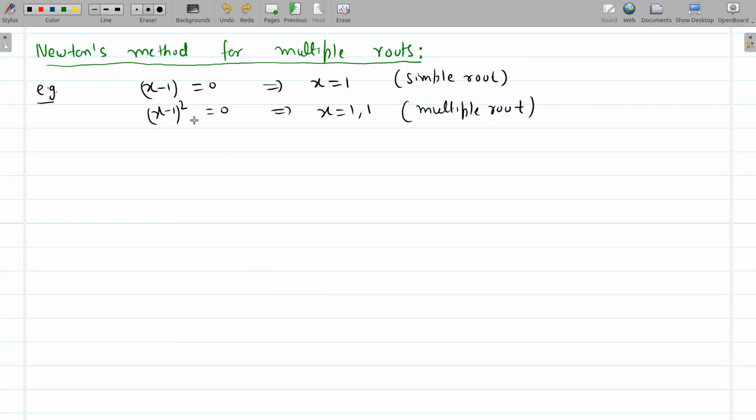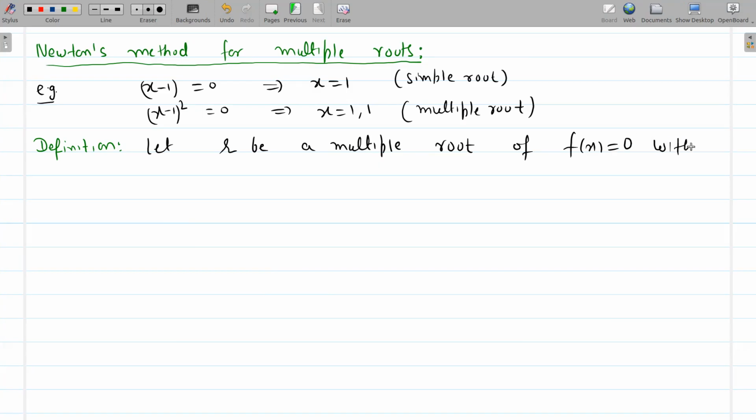And a more broad definition of multiple root is this that I am going to write here. So this is the definition of multiple root, you can say. Let r be a multiple root of f(x) equals 0 with multiplicity m.